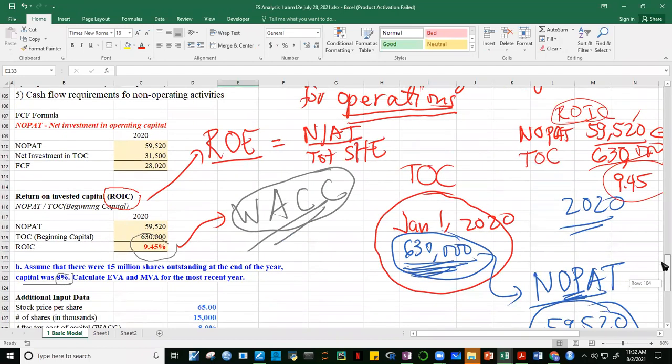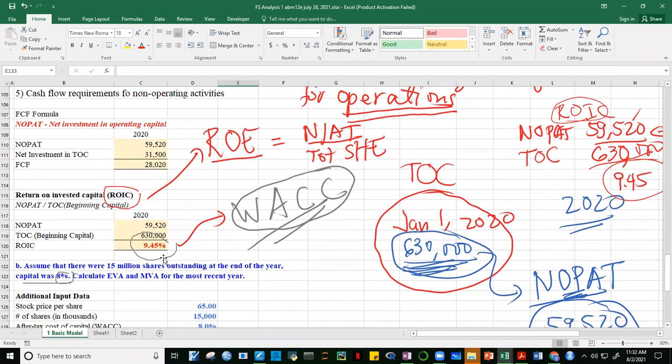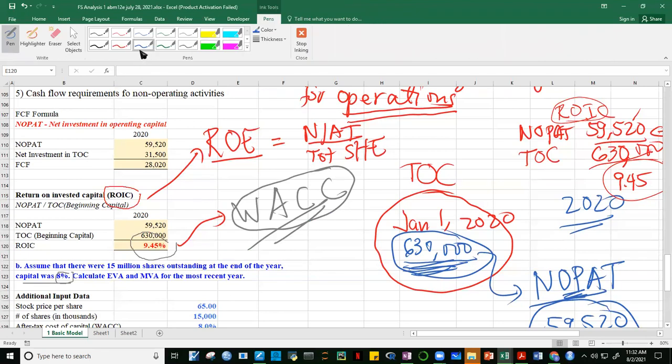When do we say value is being created? If the ROIC is greater than the weighted average cost of capital. Okay, in that instance, then value is being created. So if ROIC is greater than your WACC, value is being created.